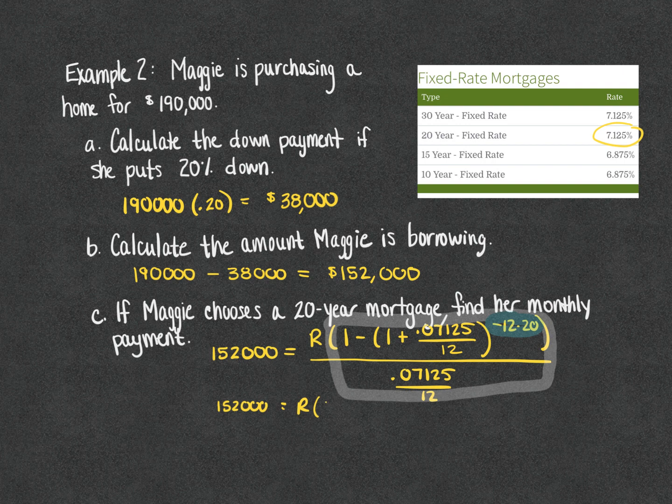That number is 127.7 with a lot of extra digits. And again, just as we did in the last problem, we're going to divide by that number, the unrounded version. We get a regular monthly payment of $1,189.89.